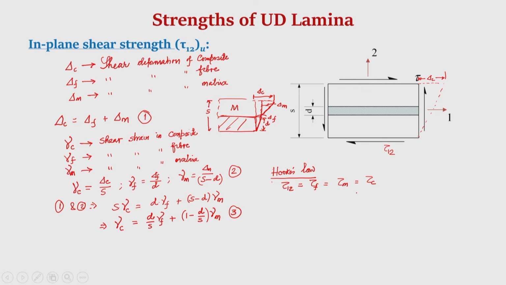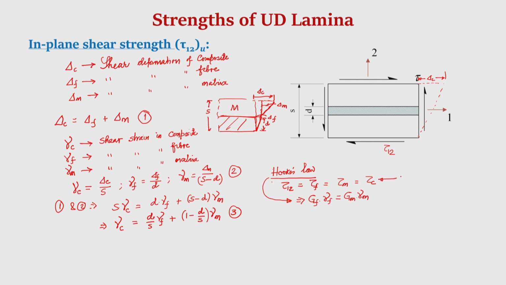Okay. Now, following Hooke's law, we can write tau F as G F into gamma F and tau M as G M into gamma M. This is following Hooke's law. Okay.